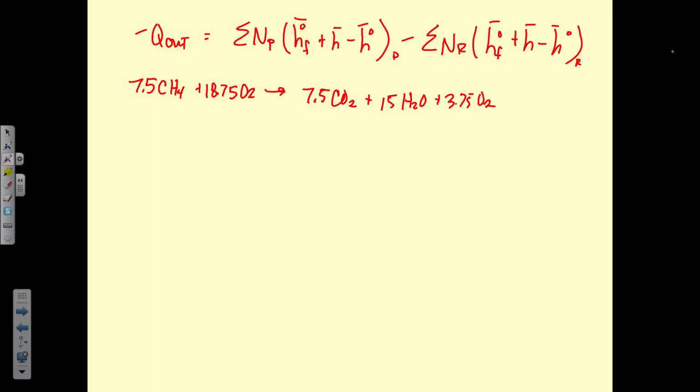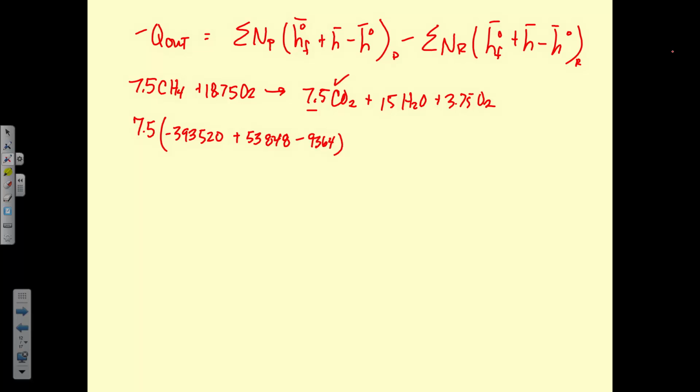And then from our table before, we can look up the values. We'll look at the products first. For CO2, we have 7.5 moles. Our enthalpy of formation for CO2 is negative 393,520, plus our enthalpy at 1200 K is 53848, minus 9364, which is our enthalpy of the reference state.